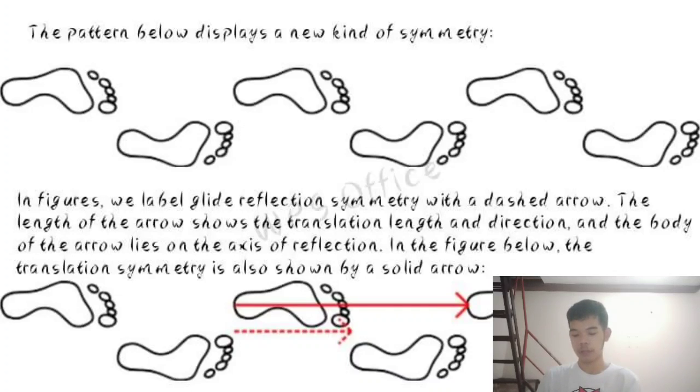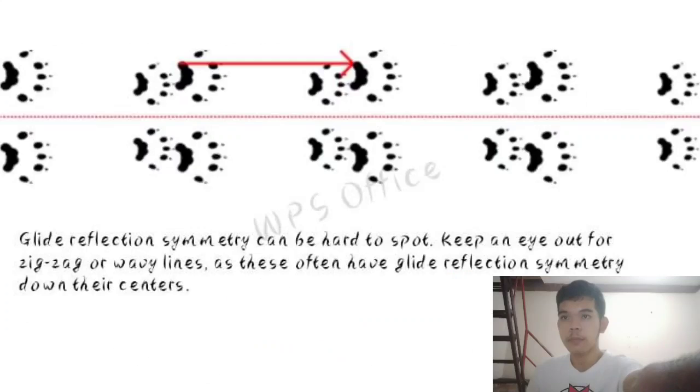Instead, the combination of translation and reflection is needed. This example is called a glide reflection symmetry. Glide reflection symmetry can be hard to spot. Keep an eye out for zigzag or wave lines, as these often have glide reflection symmetry down their centers.